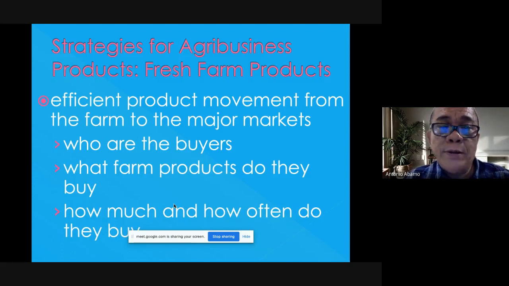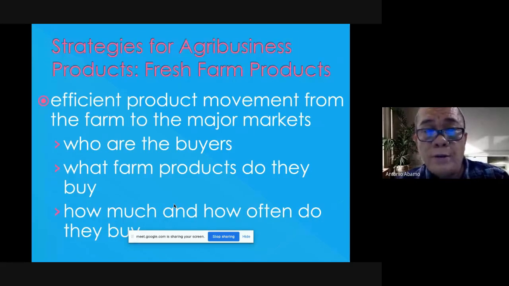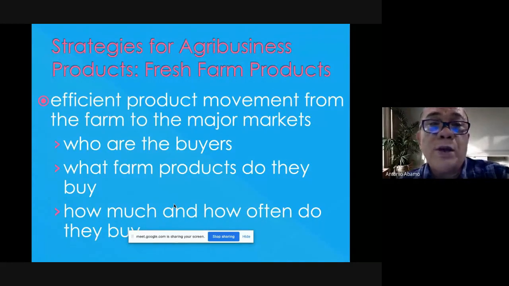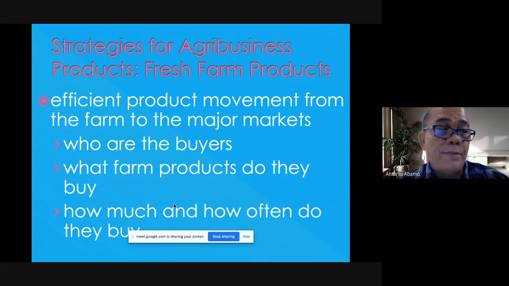Very important. Like I said earlier, Gaisano needs 300 kilos of alugbati leaves every other day. According to them, do not sign a contract with us if you cannot satisfy it. Otherwise, we'll penalize you, because every day of delay will cost us a lot of opportunity loss.